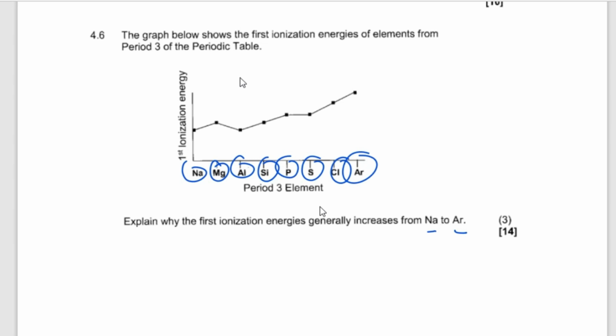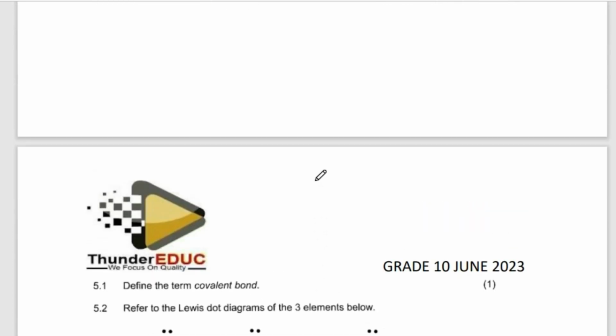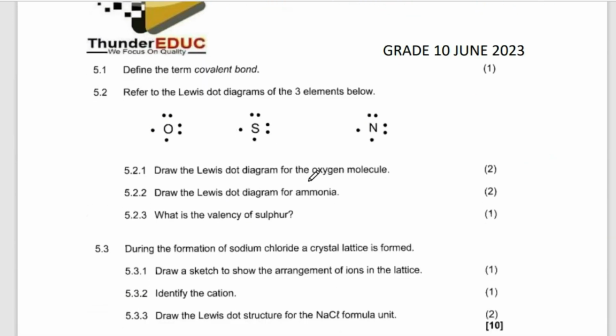I explained that because of the same shell, we keep on adding electrons, so the attraction from the nucleus increases. So for you to remove one electron, you require a high amount of energy. That's why you have this increase in the ionization energy. I think that's the bonus.